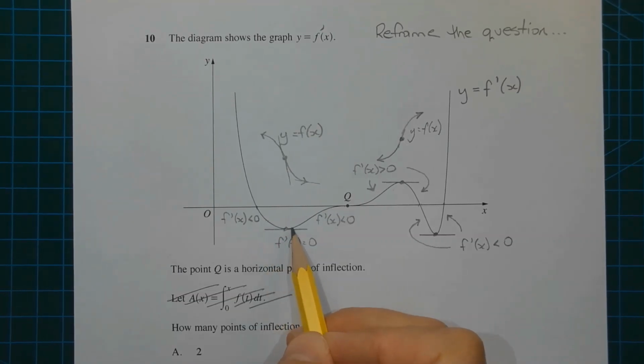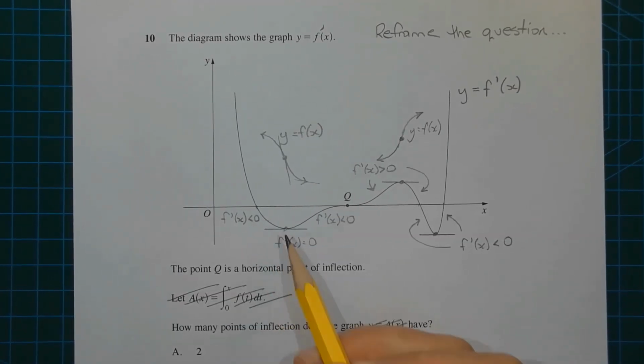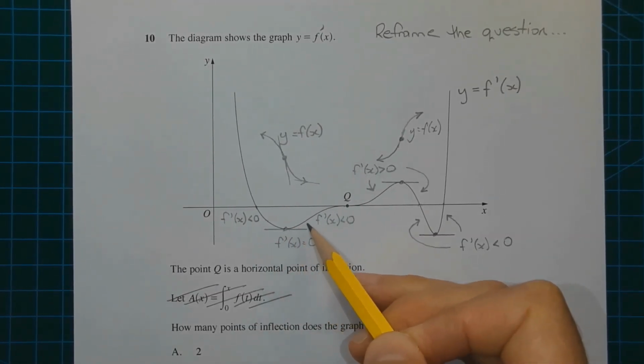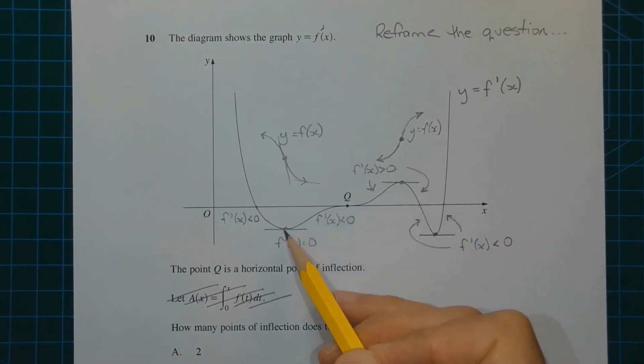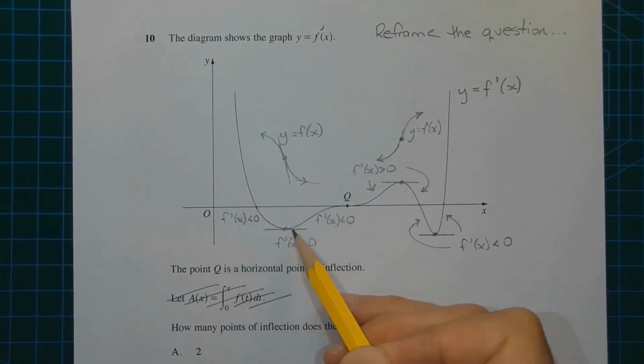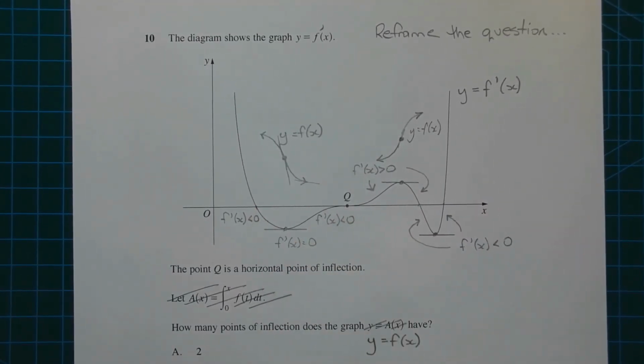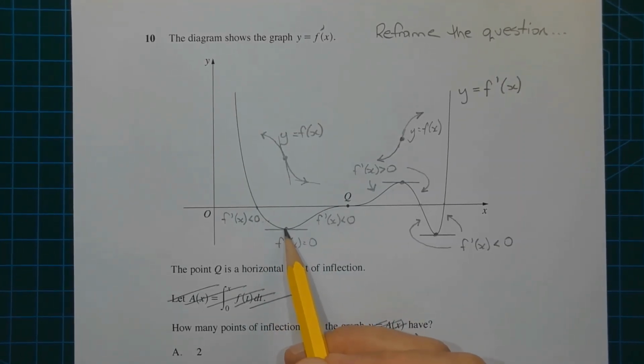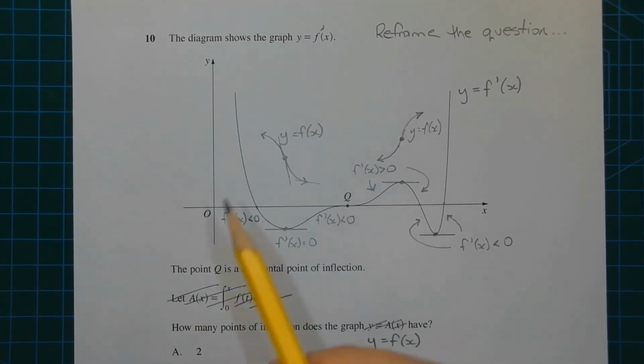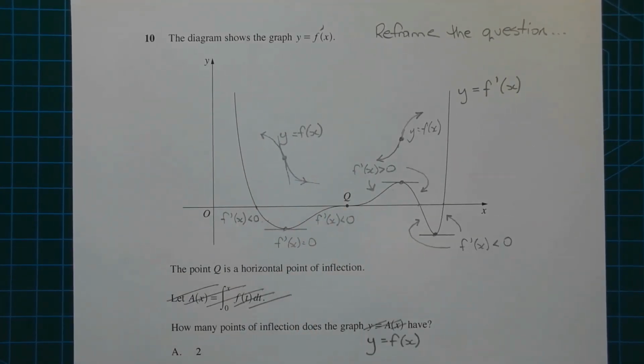But if we move away from this point, we can see that the y value on y equals f dash of x approaches 0, but it's negative on either side, regardless. So the sign of f dash of x is negative on either side. So this point here corresponds to a point of inflection on the curve y equals f of x.